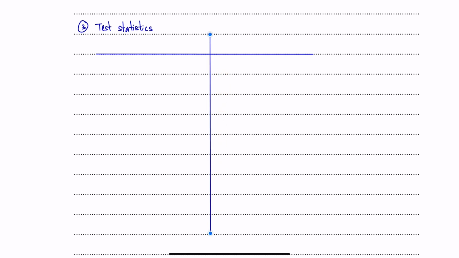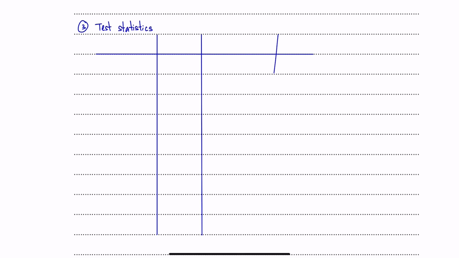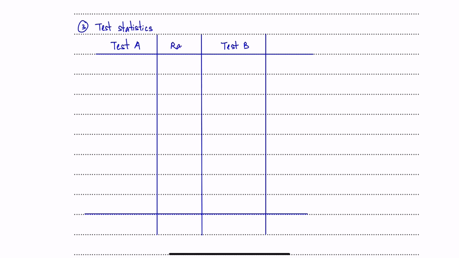Another row for total. Alright. So this would be test A, this would be for test B, and this is the ranking.